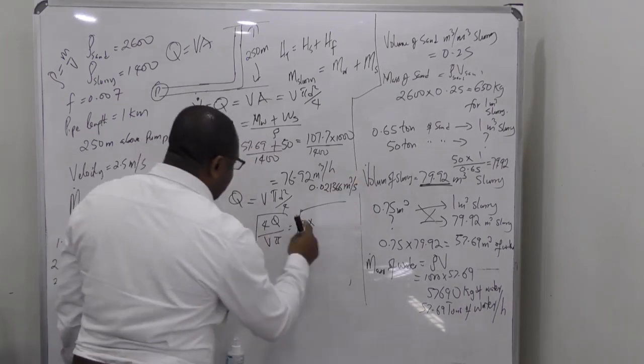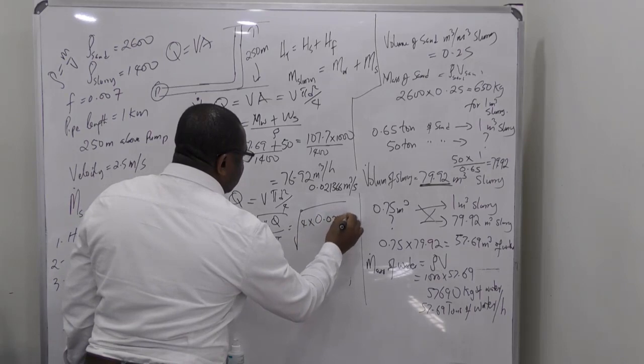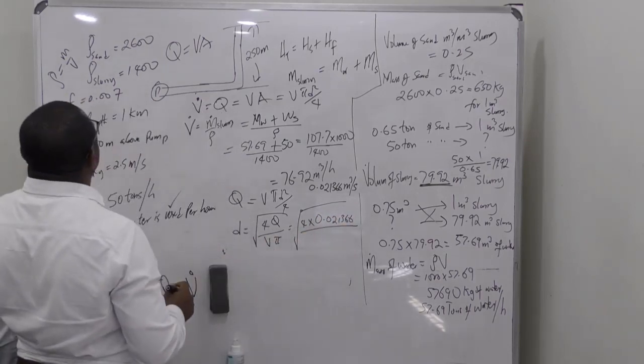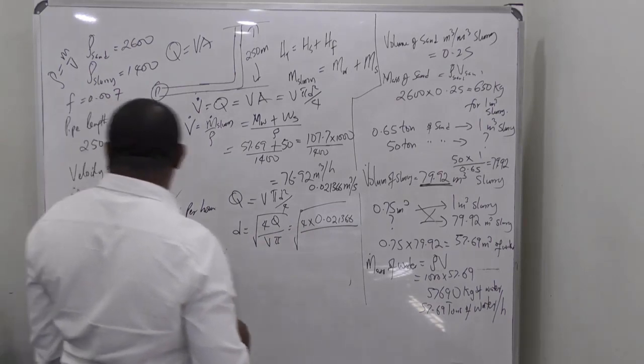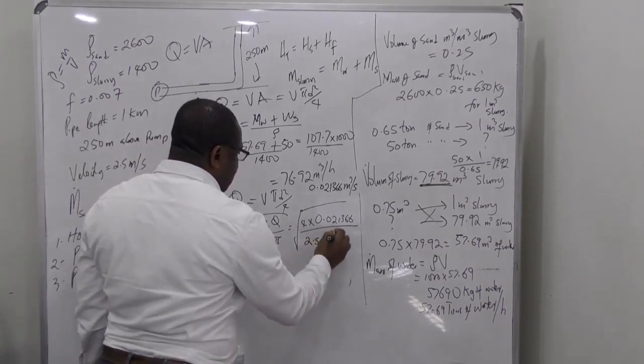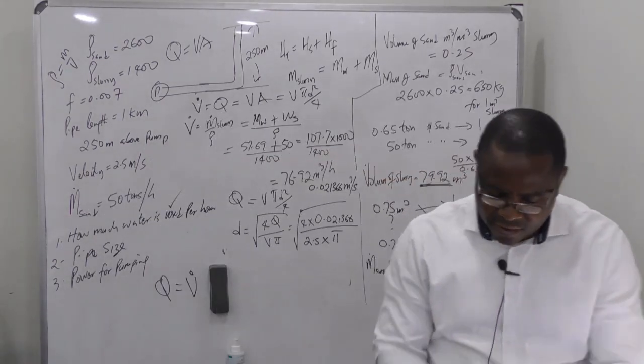Okay, so 4 times 0.021366, divided by the velocity, which is given, 2.5, and pi here. All right.